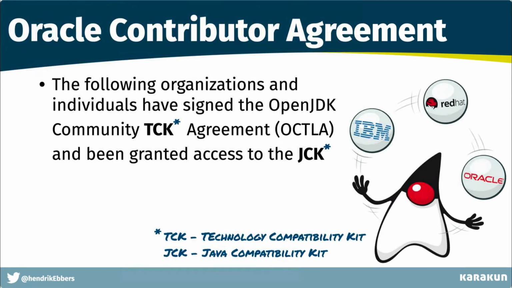This is sadly closed source. And you need to agree on a contract with Oracle, and based on this contract, you can run the TCK against your Java binaries that you have built. And if the TCK passes, you can call your binaries a Java runtime.